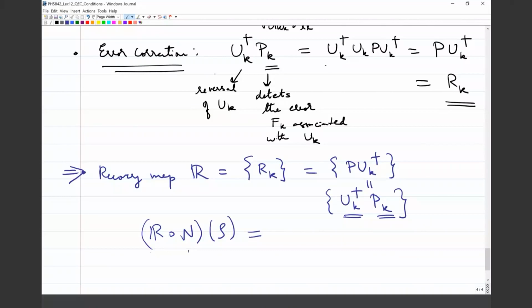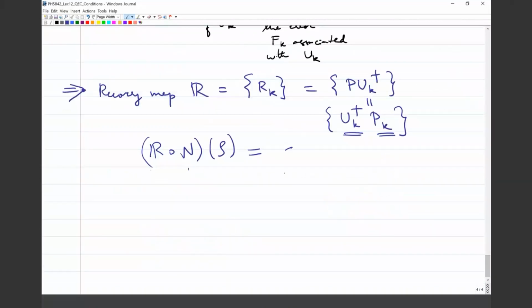So let's do the last check. So this is sum over K and L. So first of all, I'm going to use the FK representation, right? So there is FK rho FK dagger, then RL of this, RL dagger, right?